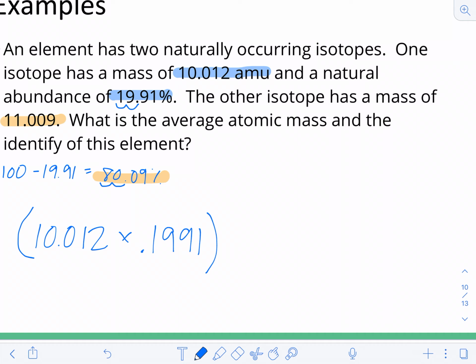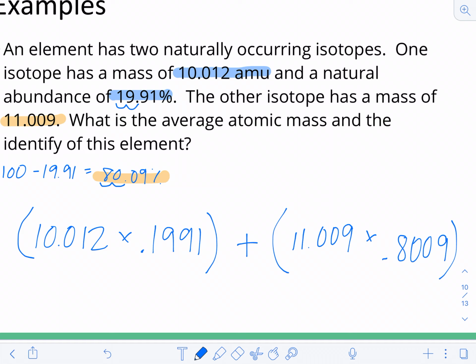I have its mass, I have its percent abundance in decimal form. And now I'm going to add the other isotope. The isotope's mass is 11.009, and I'm going to multiply it by its percent abundance out of percent form, which is 0.8009, and close my parenthesis.